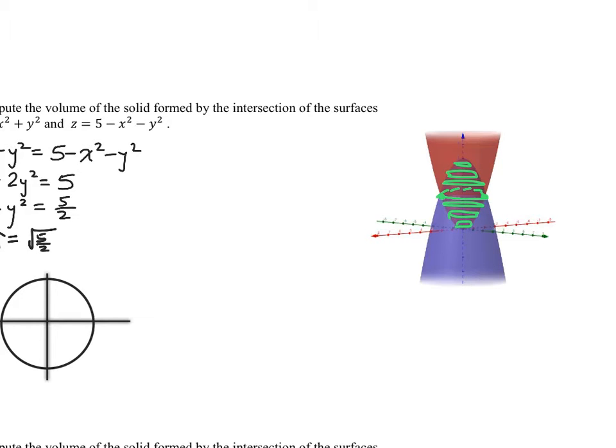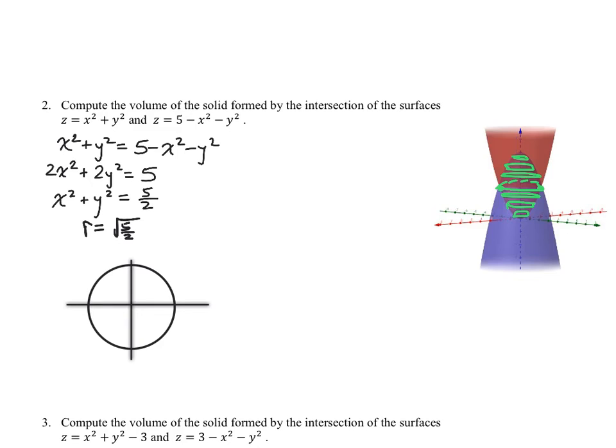And a circle goes from 0 to 2 pi radians. All right, so we have our r and we have our theta. Now we just need some way of representing the function.